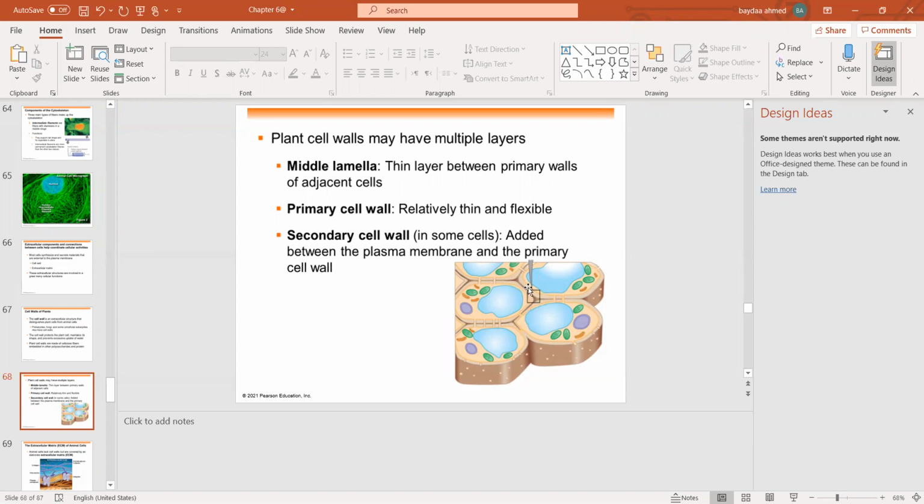We have the middle lamella between the primary cell walls of adjacent cells. The middle lamella is a thin layer rich in sticky polysaccharides we call pectins. The middle lamella glues adjacent cells together. Pectin is used in cooking as a thickening agent in jams and jellies.